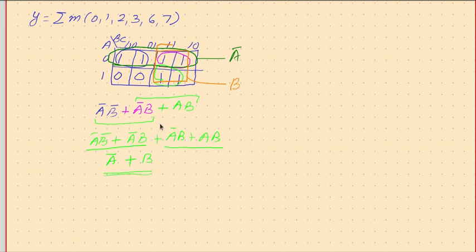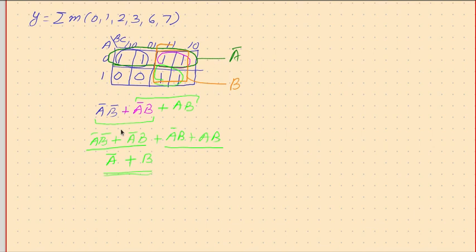Now you don't have to depend only on pairs. If you can find four cells which are neighbors, then you can combine them together. If you combine pairs, one variable is eliminated. If you combine in quads, two variables get eliminated.